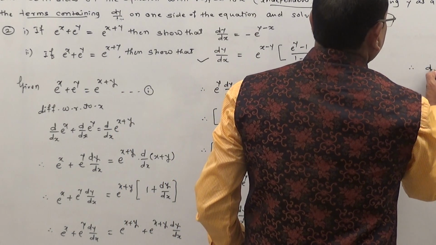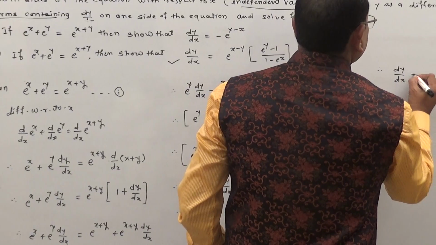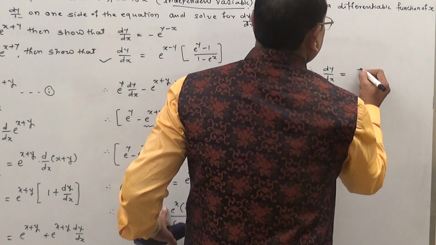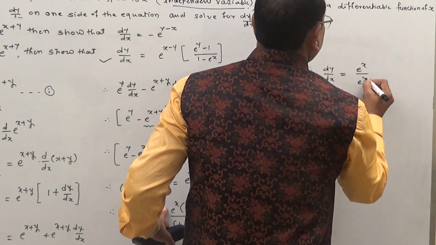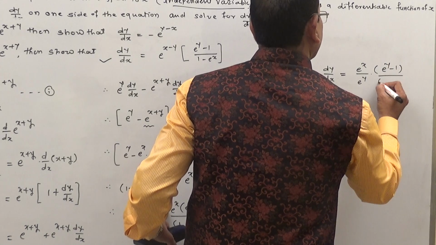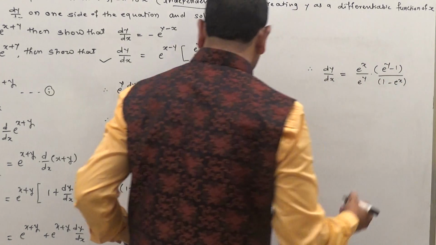So dy by dx is equal to, it can be written as e raised to x upon e raised to y into e raised to y minus 1 upon 1 minus e raised to x.